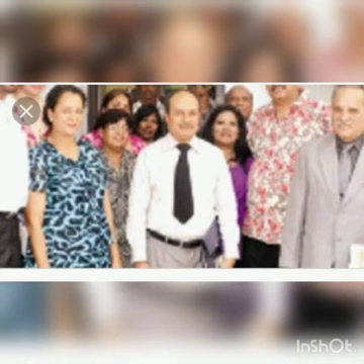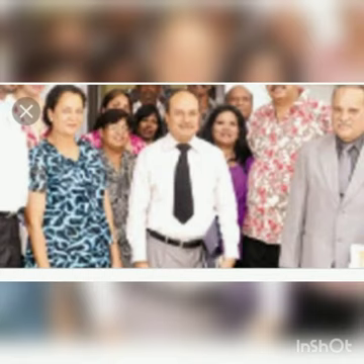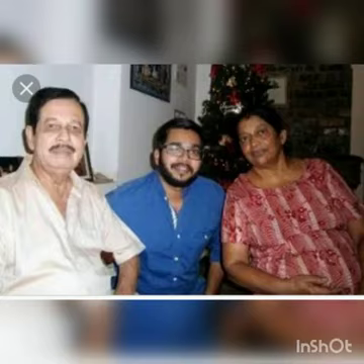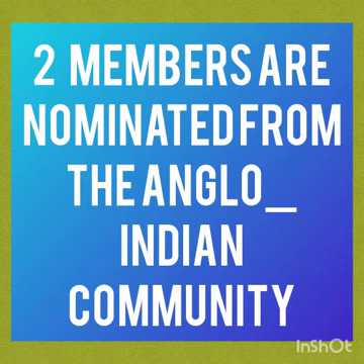Anglo-Indian community is a community of people who are not fully Indian by origin. Some of their forefathers were British, and so they are known as Anglo-Indian. So in order to give the Anglo-Indian community representation in the Lok Sabha, the President nominates 2 members from the Anglo-Indian community to the Lok Sabha.